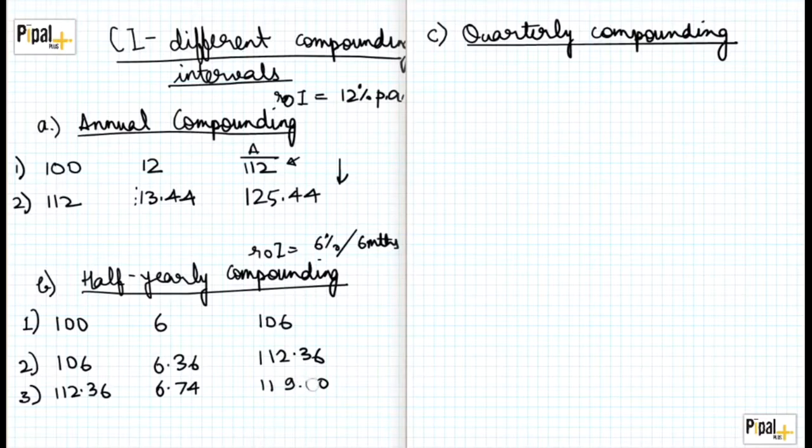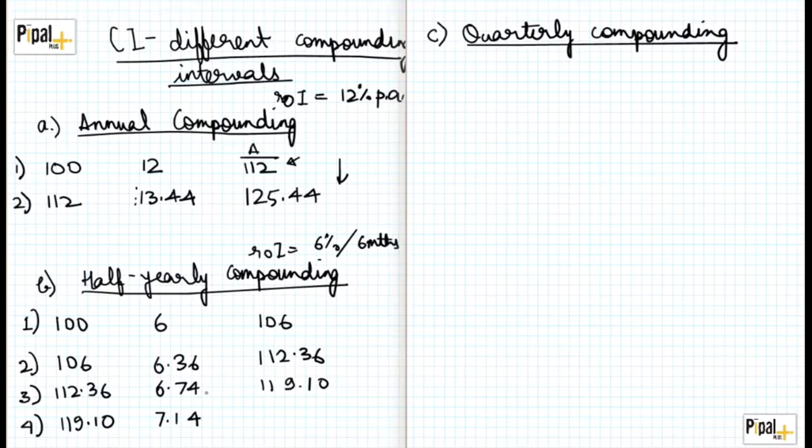At the end of the fourth 6-month period, which is the end of 2 years, the principal is 119.10, and we earn 6% interest on this. We get 7.14. That's the amount of interest we earn for the fourth 6-month period.